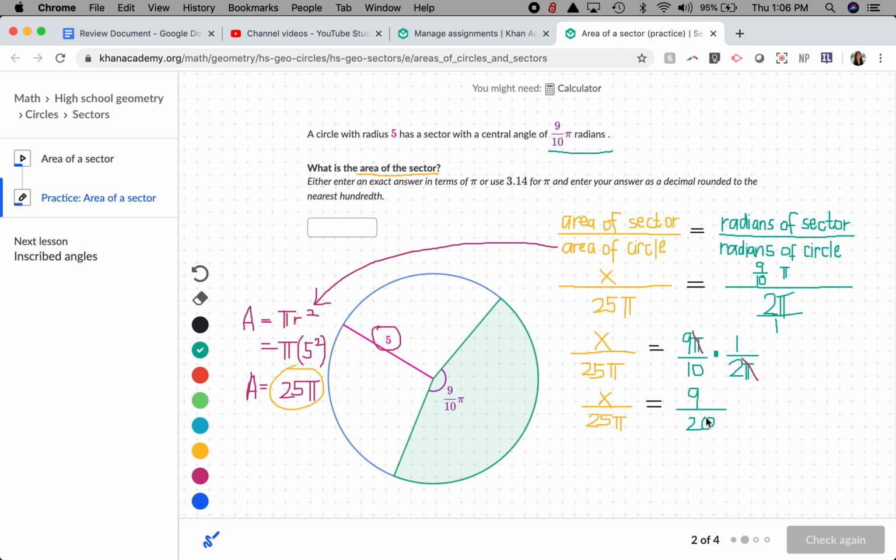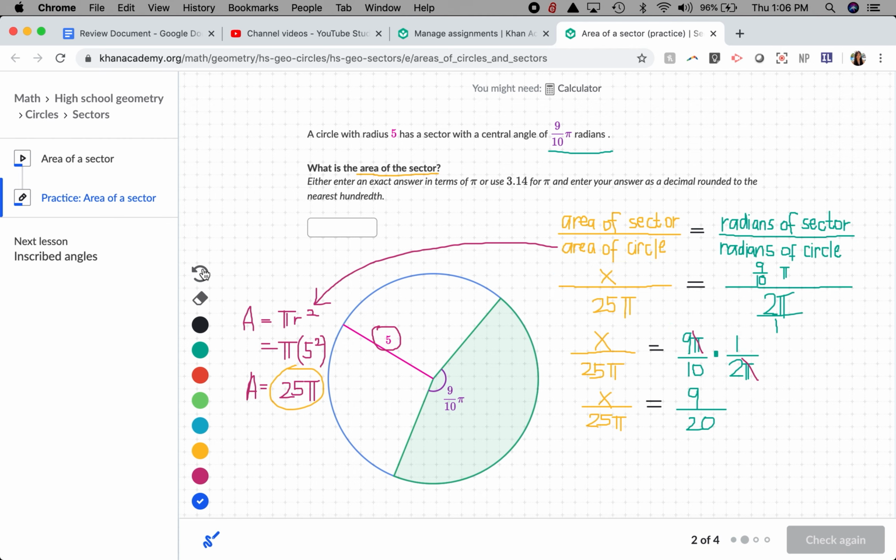Okay? Now, believe it or not, this weird fraction over here, this ratio over here is actually the same exact thing as this ratio. All we did was simplify this weird looking fraction.